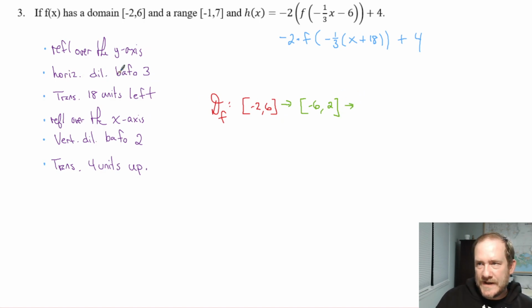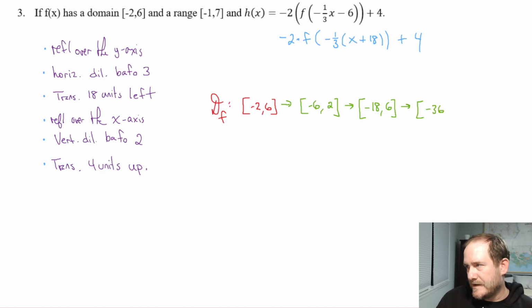Then the horizontal dilation by a factor of 3 triples everything, so we go -18 to 6. Then translating 18 units left means everybody gets dragged 18 units to the left, and we go over to -36, and then we go over to -12. And this is now the domain of the function whose name is h.